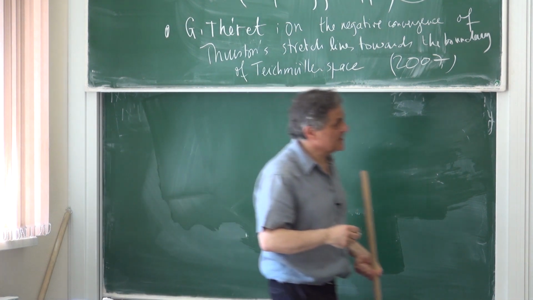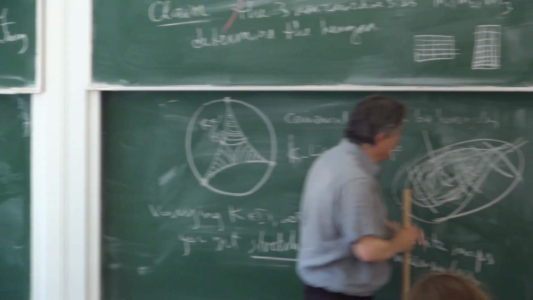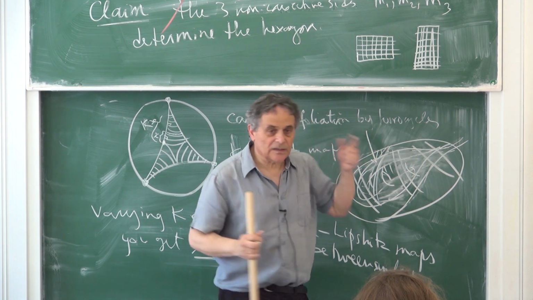You see, for instance, in this example here, I can put a measure on this ideal triangulation, but it's not of finite support.